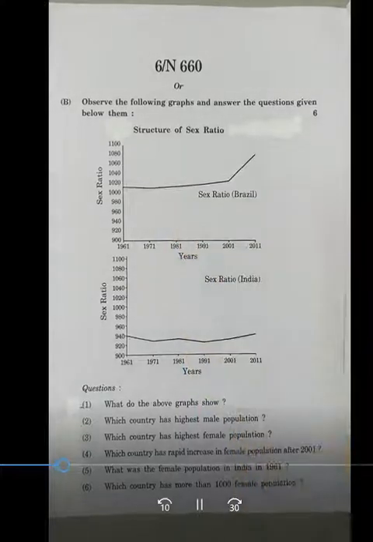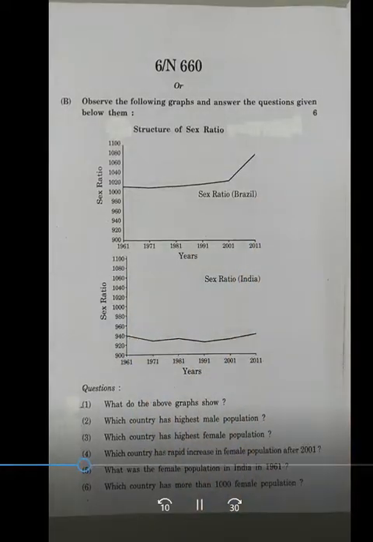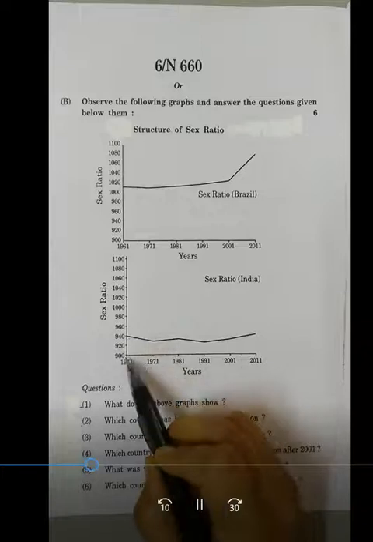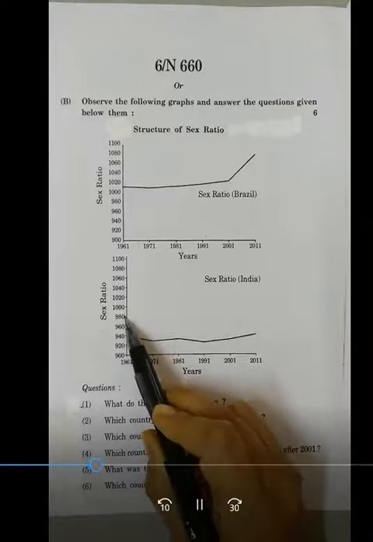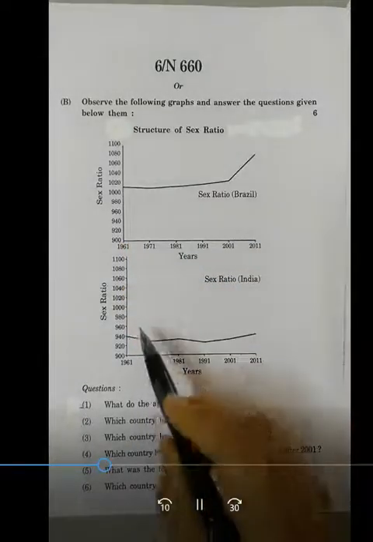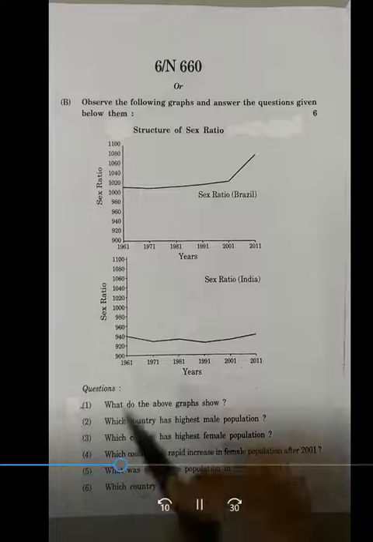of 20 units. Okay? Now, first of all, we should understand how sex ratio is calculated. Looking at this diagram, you may ask teacher whether this 940 or 980 is female or male. So looking at the graph, you must know children that the sex ratio is calculated as number of females per 1000 males.